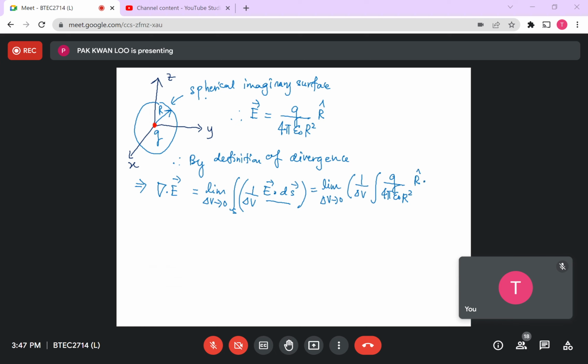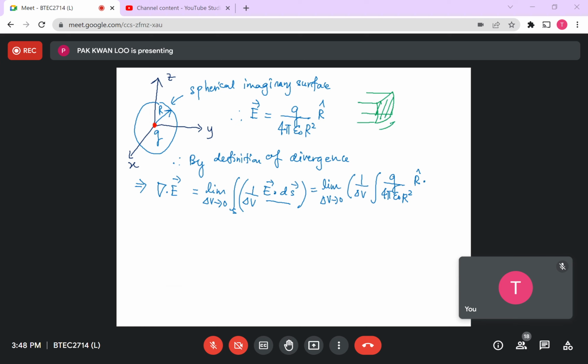So what would be the differential surface of a sphere? The differential surface of a sphere, that is this surface here, which I highlight.